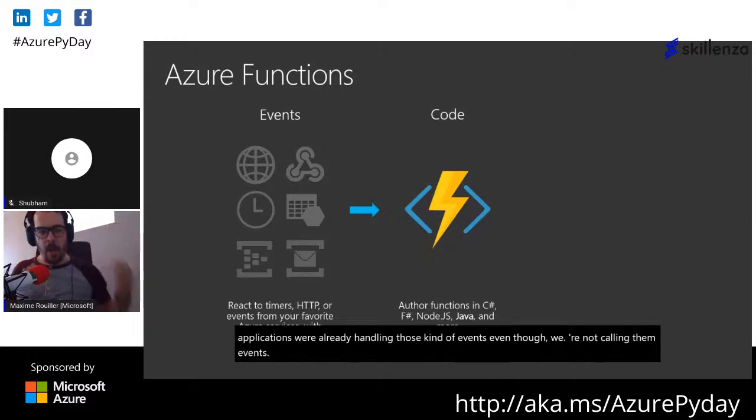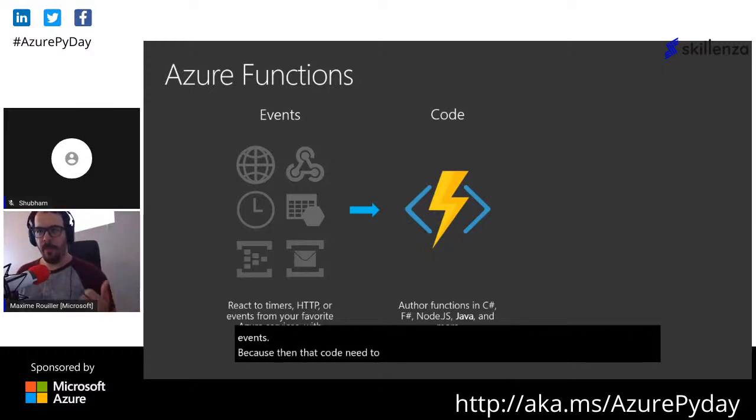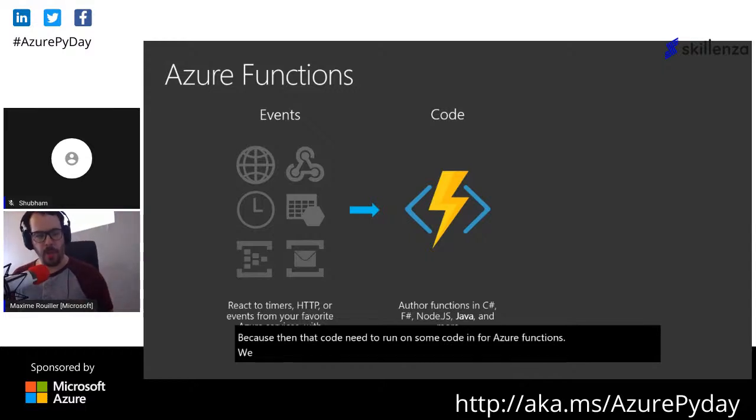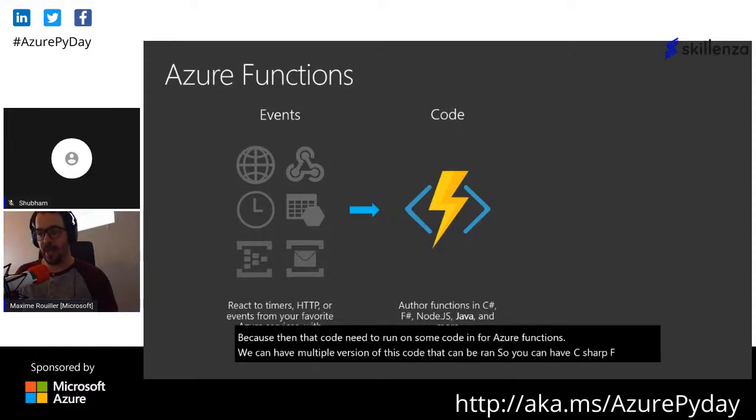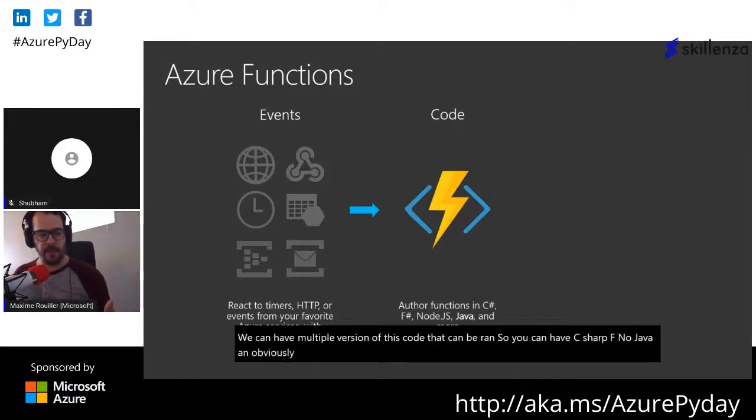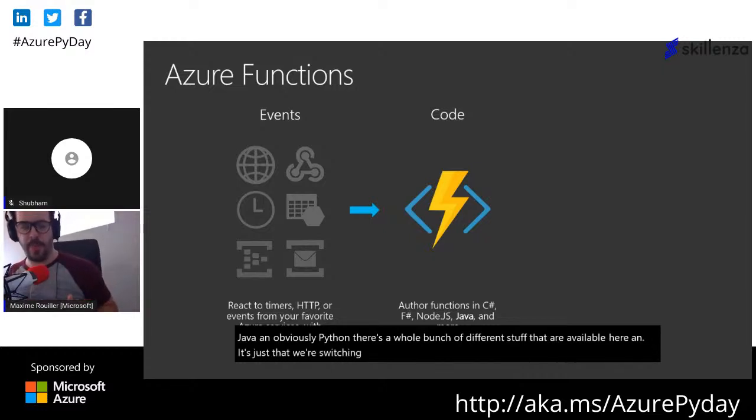Because then that code needs to run on some code. And for Azure Functions, we can have multiple versions of this code that can be run. So you can have C#, F#, Node, Java, and obviously Python. There's a whole bunch of different stuff that are available here. And it's just that we're switching the way that the events and the things are structured a little bit differently.